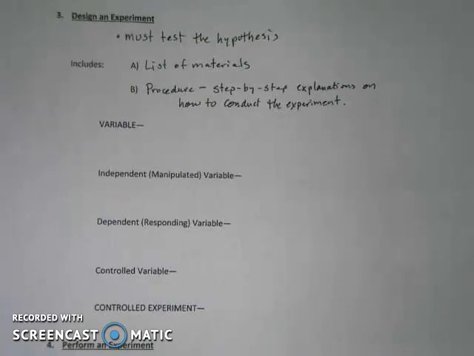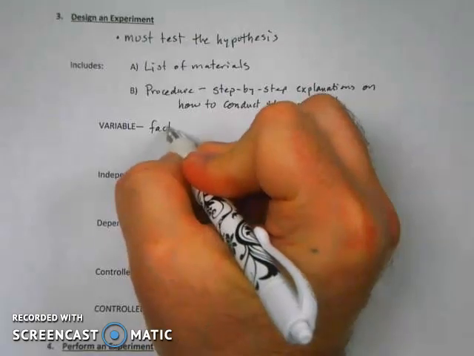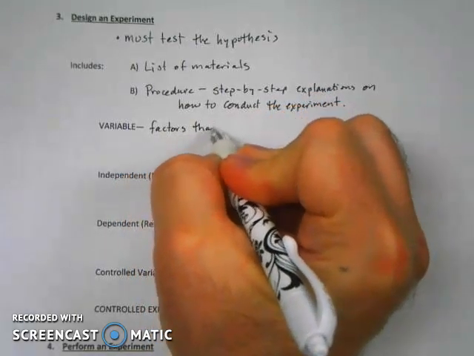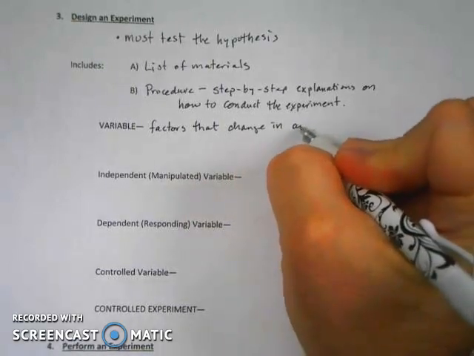So one thing that we have to talk about, though, when we design this experiment are variables. These are factors that change in an experiment.